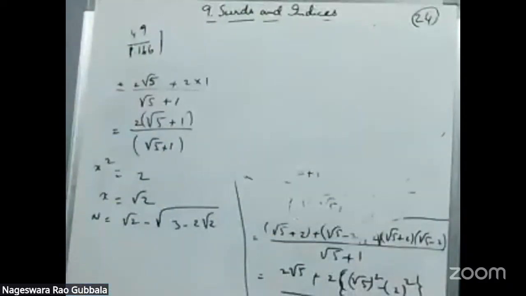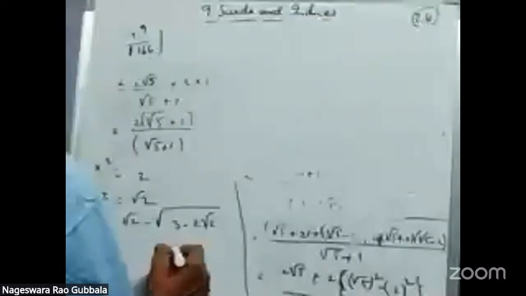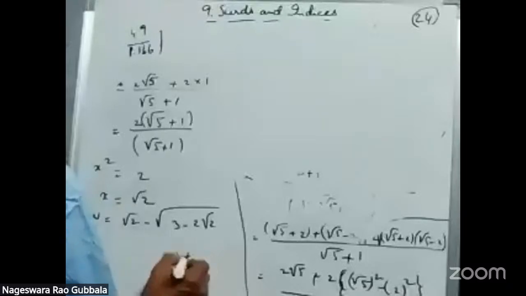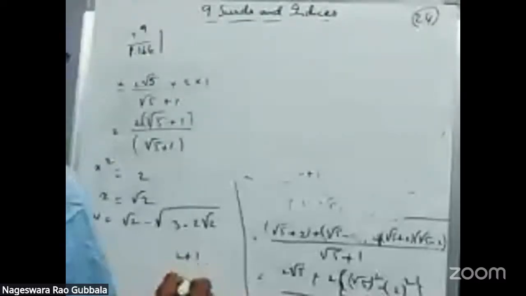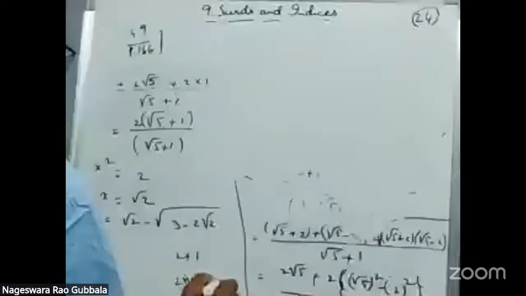What is that? 3 can be written as 2 plus 1. 2 square... 2 plus 1 and this one: 2 is root 2 whole square, 1 is 1 whole square, 2 into root 2 into 1 will be here.